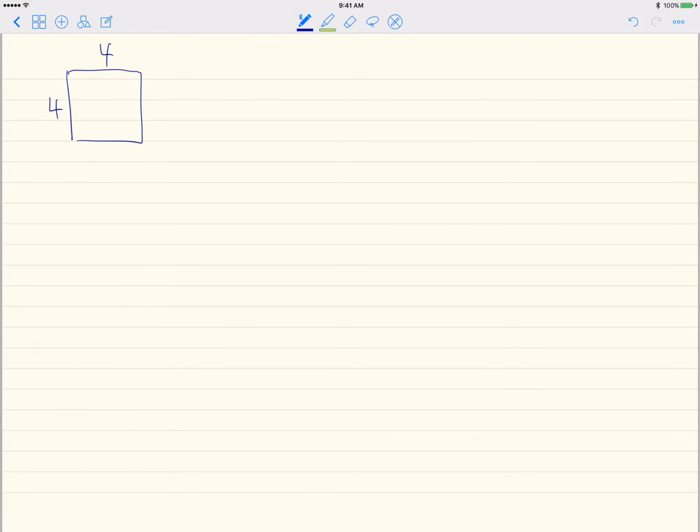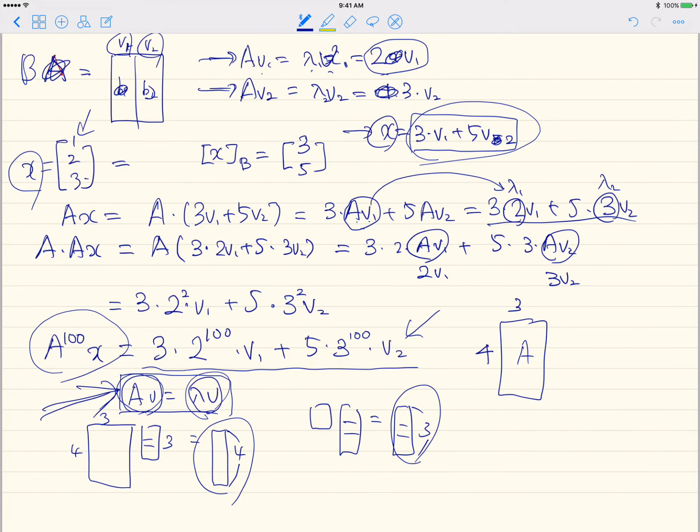Eigenvalues can be different. As I mentioned, suppose our basis vectors are v1 and v2, and each of them has its own eigenvalue. In this particular case, v1 had an eigenvalue of 2, and v2 had an eigenvalue of 3, right? So the eigenvalue can be different for different eigenvectors.